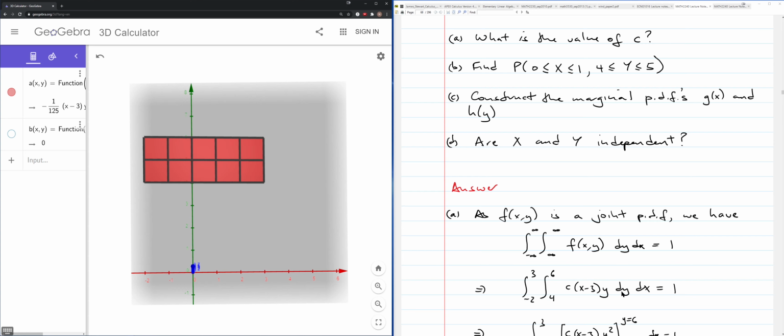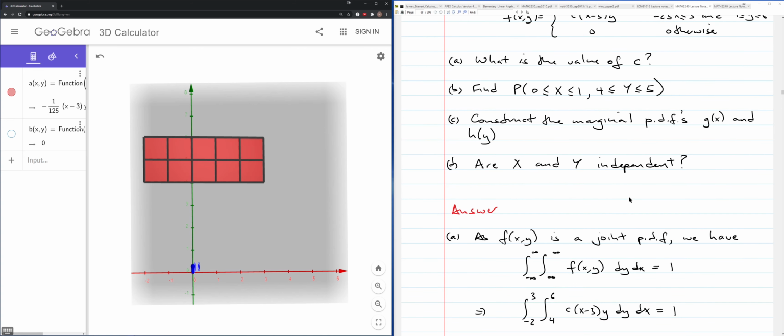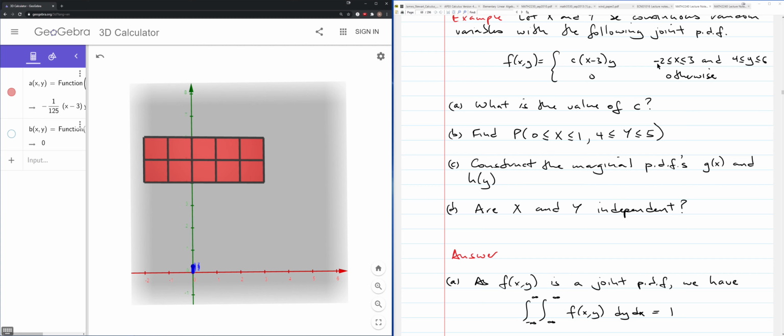I'm integrating with respect to y first, then with respect to x. Your y limits would be 4 and 6. Well, actually, it's just specified for you over here. Y limits lie between 4 and 6, and the x limits lie between -2 and 3.